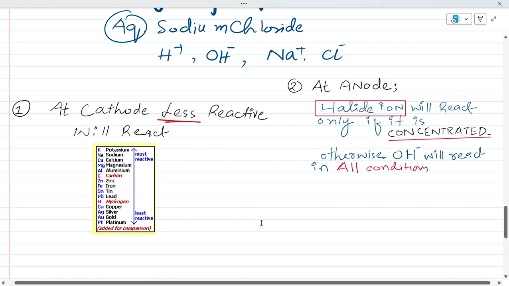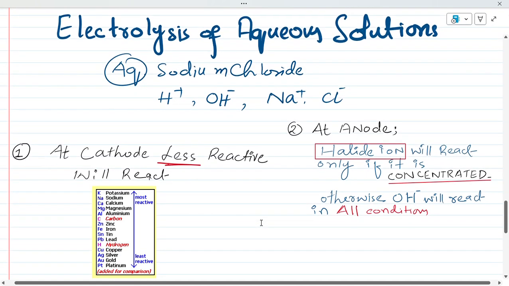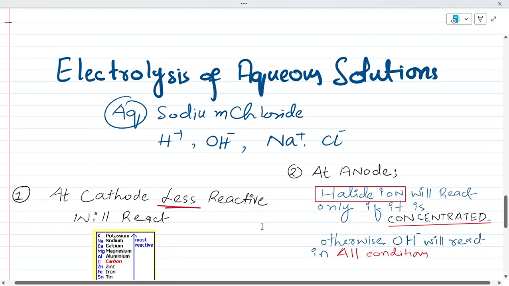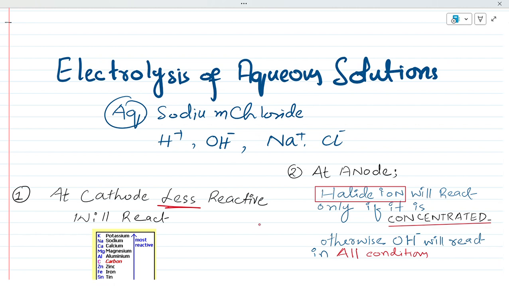silver, and gold. On the other hand, for the anode, it's very simple: halide ion will be reacting only if it is in concentrated form. Halide ions are the group 7 halogens in ionic form. If it's chlorine in ionic form, we call it chloride, a halide ion. Bromide could be a halide ion. Iodide, they are halide ions.